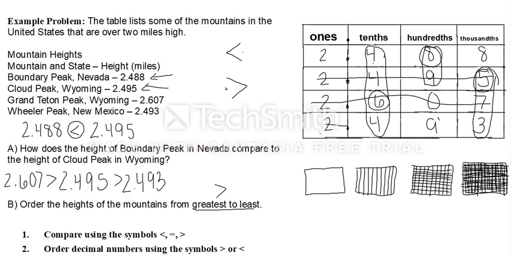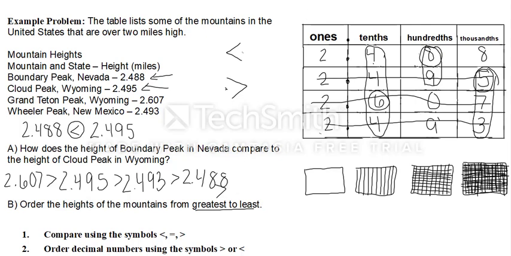I can go ahead and cross that one out as well, knowing that the last one is this 2 and 488 thousandths. And now I can go ahead and read this as 2 and 607 thousandths is greater than 2 and 495 thousandths, which is greater than 2 and 493 thousandths, which is greater than this 2 and 488 thousandths.